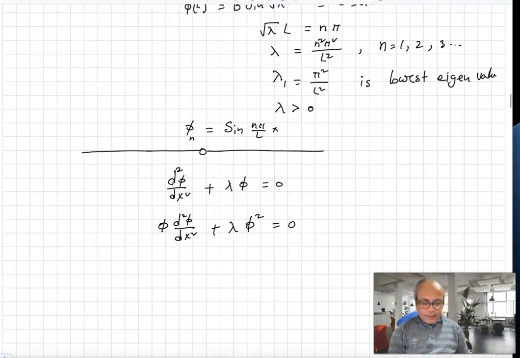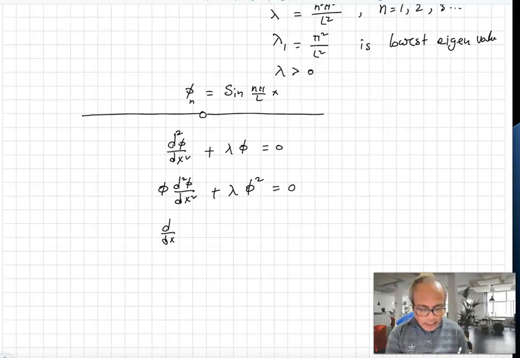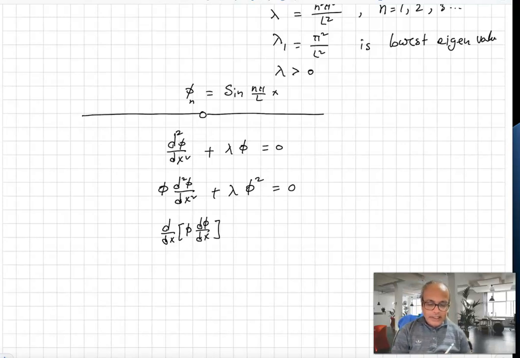After multiplying, we want to integrate it, but before integrating, we manipulate the first term. Maybe we can think of d/dx of phi d phi/dx, but this is not exactly equal to phi d squared phi/dx squared.